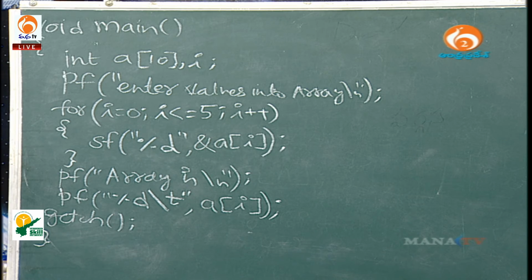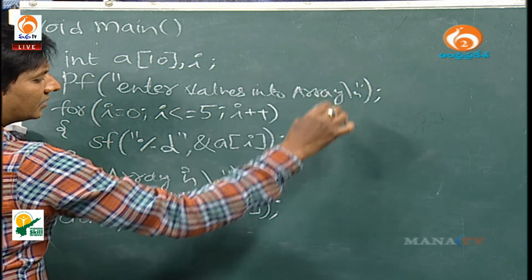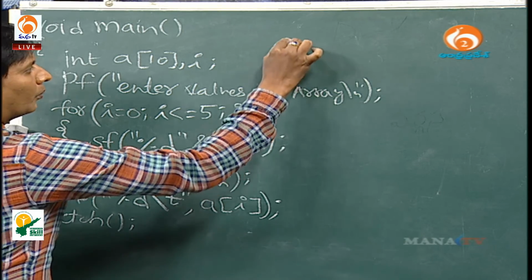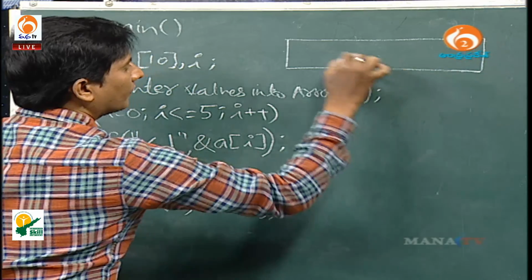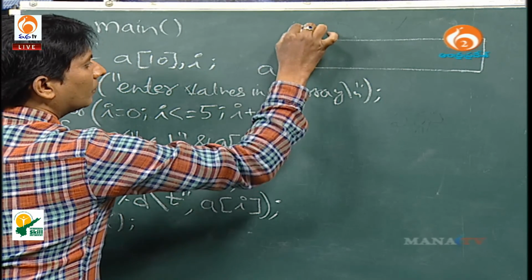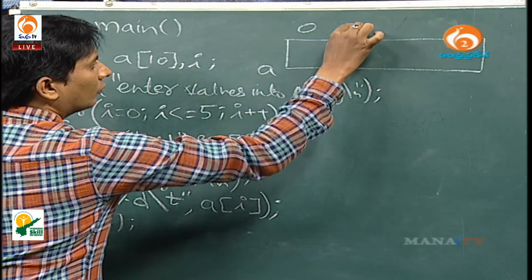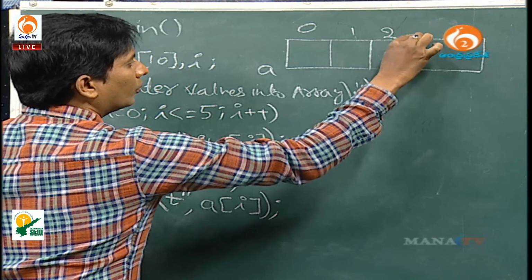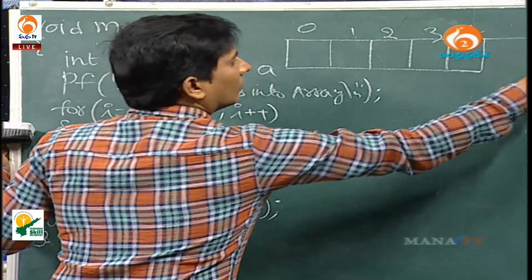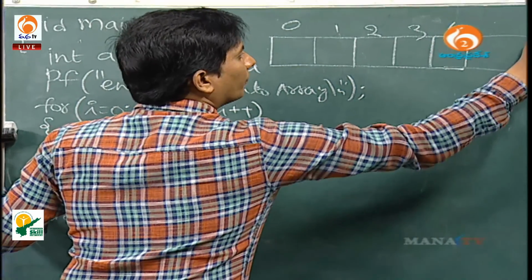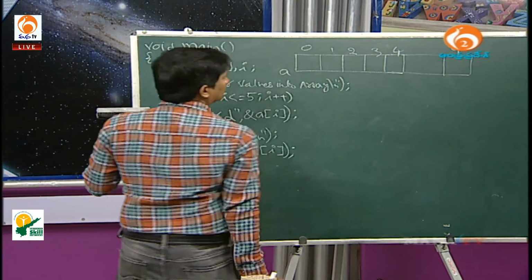Int A of 10, okay. A of 10 means array A is created of size 10, indexes 0, 1, 2, 3, 4 up to 10.